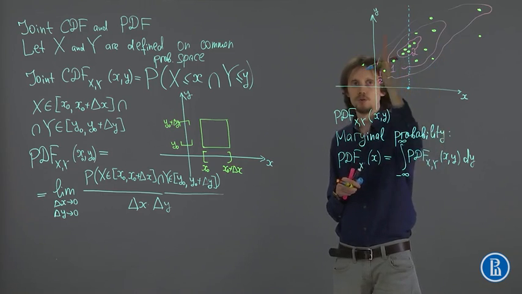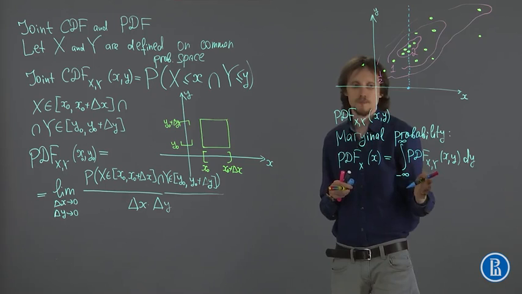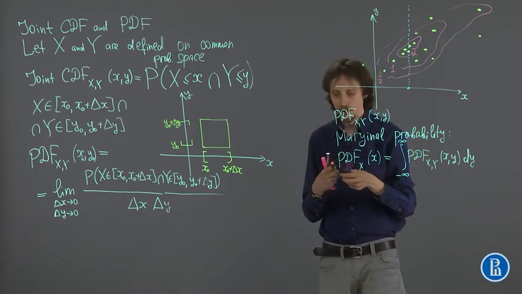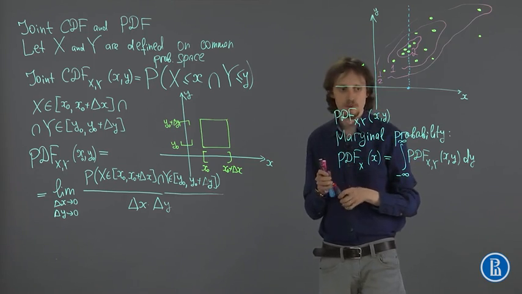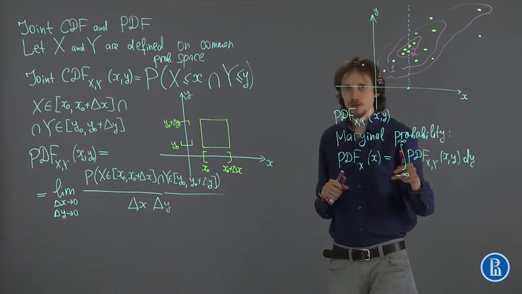When you change this point, you change this line, and you get different values. This is very close to what we did in discrete random variables. As I said, we just only have to change probabilities to probability density functions and summation by integration.